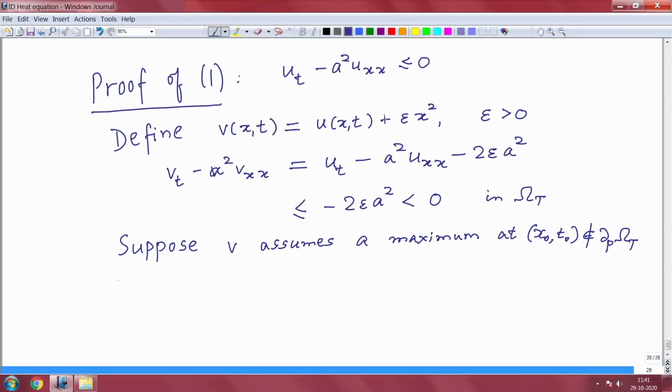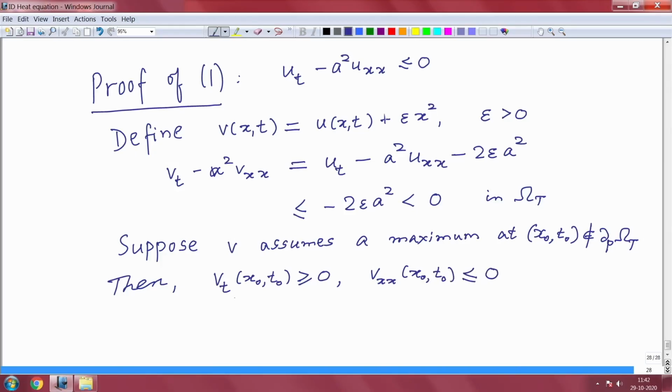Then from the calculus we see that v_t at x_0, t_0 is bigger than or equal to 0 and v_xx at x_0, t_0 is less than or equal to 0.